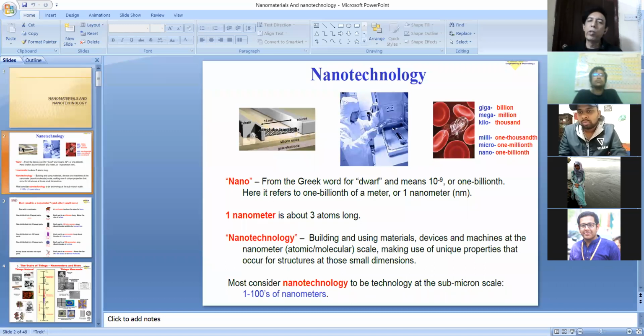Building and using materials, devices, and machines at the nanometer scale. You can build a machine in nanometer scale, so the technology to build that machine is known as nanotechnology.